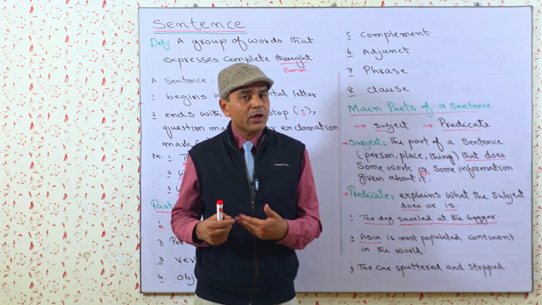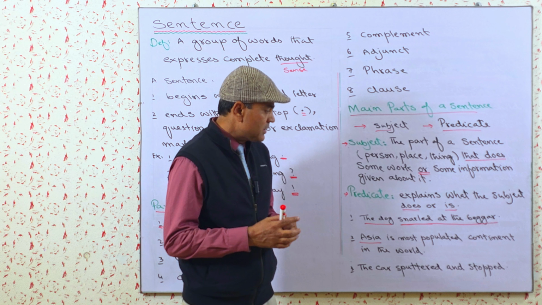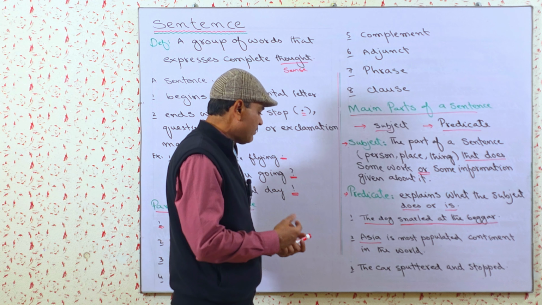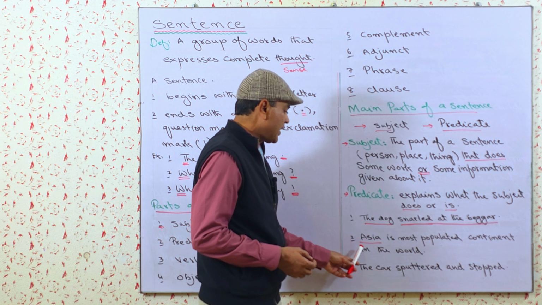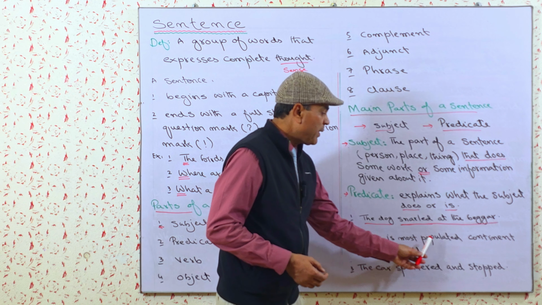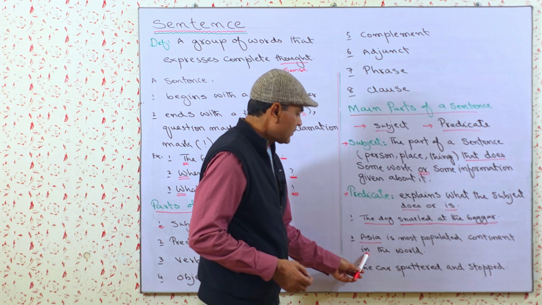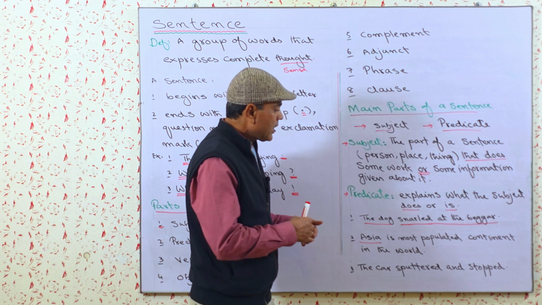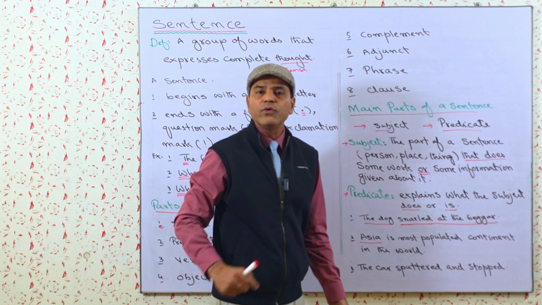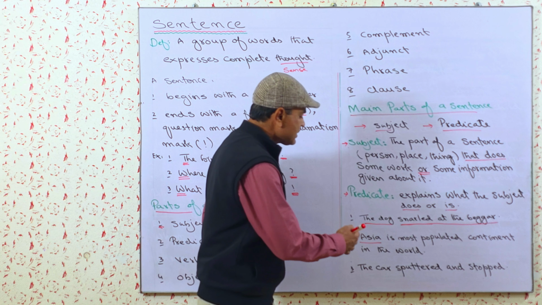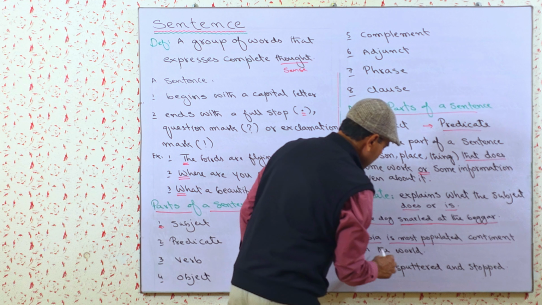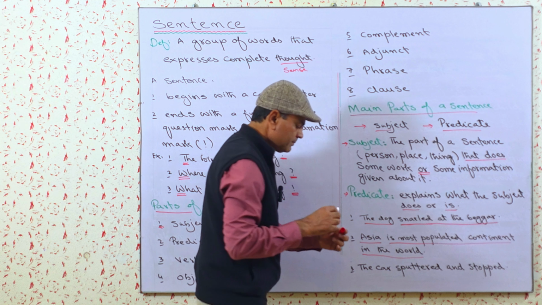Second example is Asia, some people pronounce it Asia, is the subject. Here Asia is not doing any work, but through the predicate we have given certain information about Asia. So Asia is the most populated continent in the world. Apart from Asia, the rest of the sentence we will call the predicate, because it gives information about Asia.